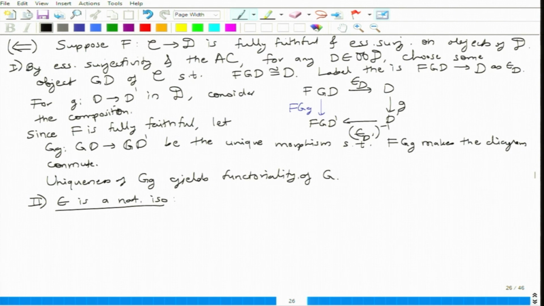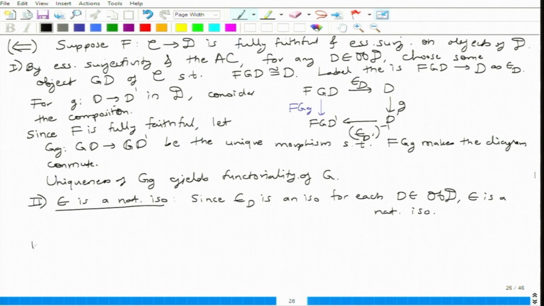It was an if and only if condition, correct? Epsilon D is already an isomorphism. Correct. Any object D. Since epsilon D is an iso for each D, epsilon is a natural isomorphism.